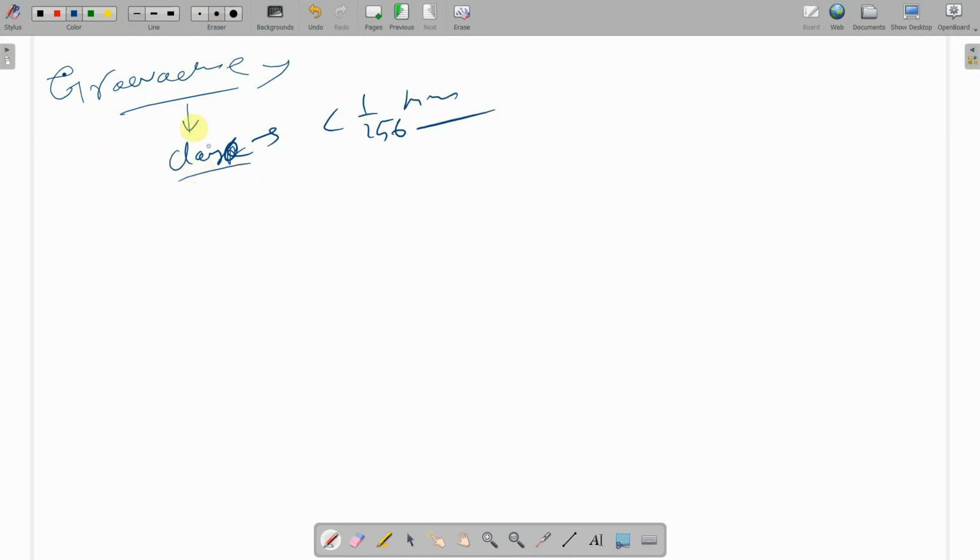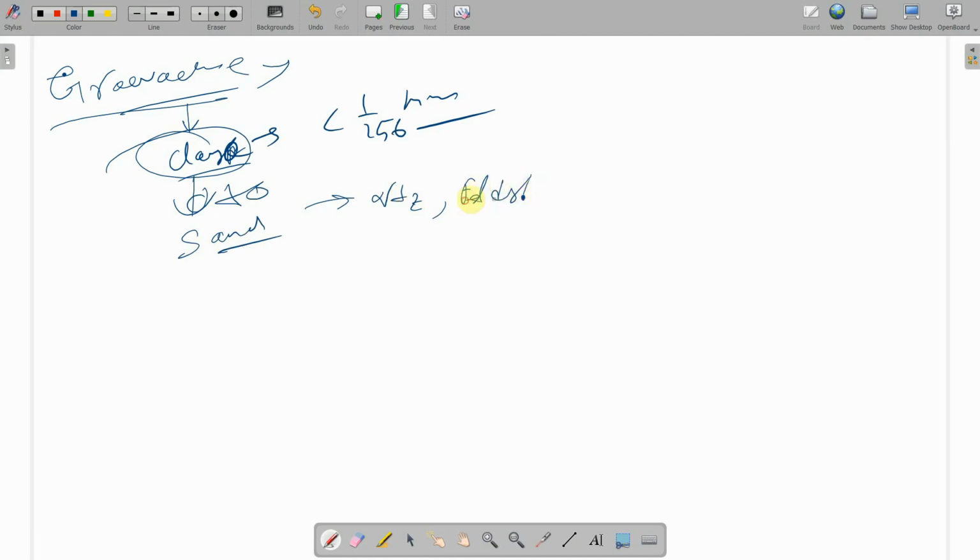So the size of that greywacke is clay to sand, and it consists of generally quartz, feldspar, okay, and silicates, plus rock fragments.